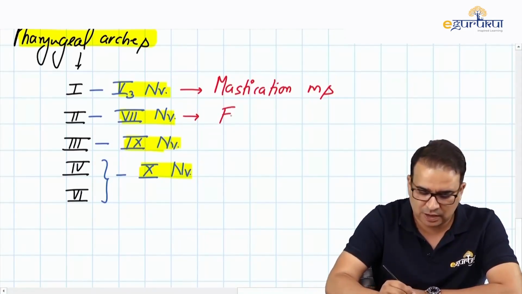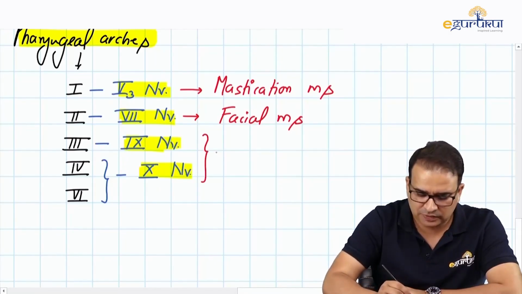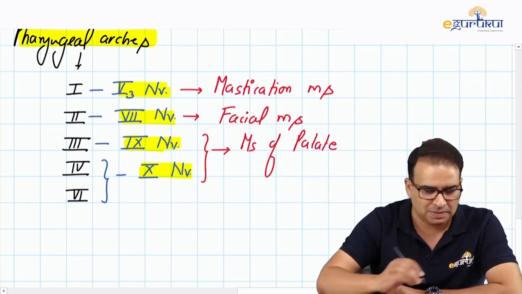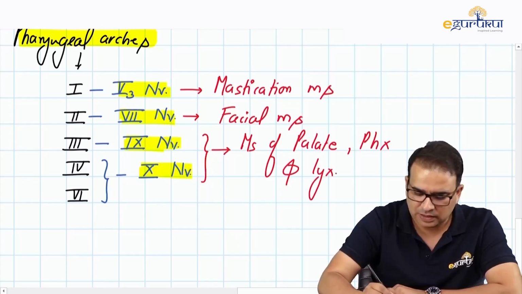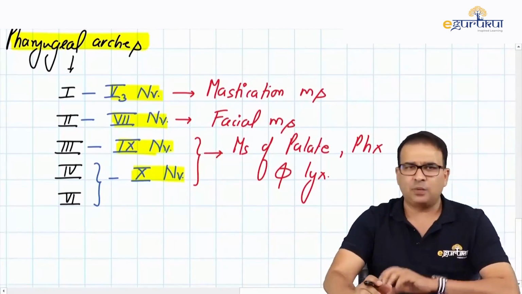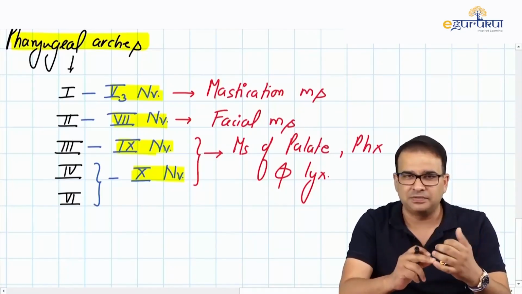The facial nerve is taking care of the facial muscles. The glossopharyngeal and vagus nerves collectively supply the muscles of the palate. They also supply the muscles of the pharynx and the muscles of the larynx. Right now we're just saying collectively that the glossopharyngeal and vagus nerves supply the muscles of the palate, pharynx and larynx.